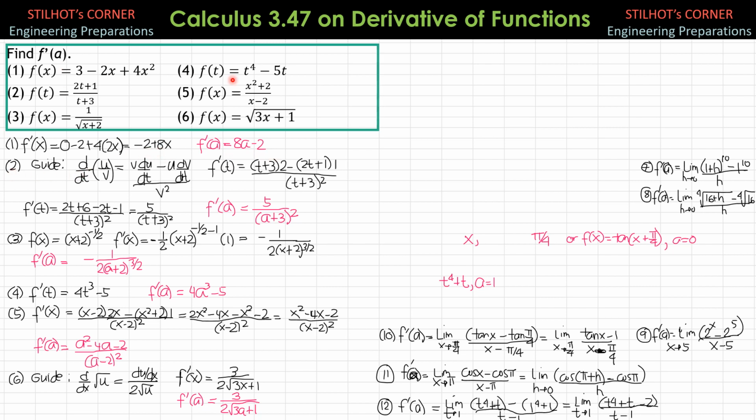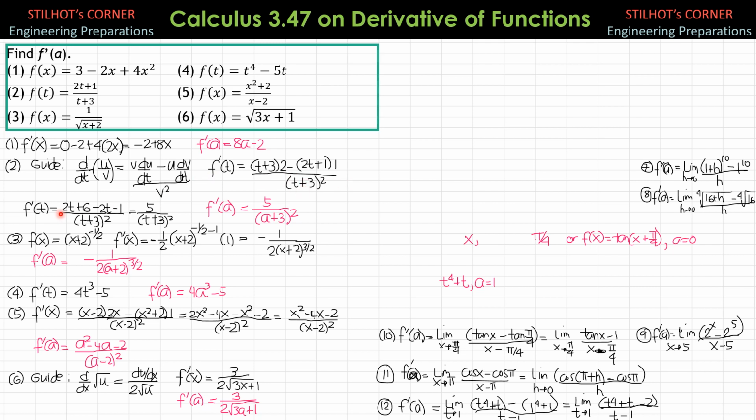So for the second problem, f of t is 2t plus 1 over t plus 3. This is our guide, derivative of u over v is denominator, derivative of numerator with respect to t minus numerator u, derivative of denominator dv dt, all over denominator square. So f prime of t is denominator t plus 3, derivative of 2t plus 1 is 2, minus numerator quantity 2t plus 1, derivative of t plus 3 is 1, all over denominator t plus 3 square.